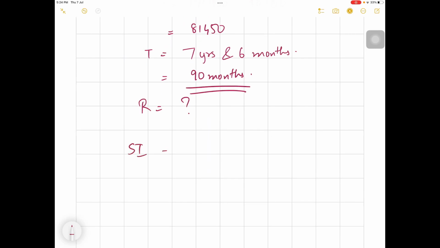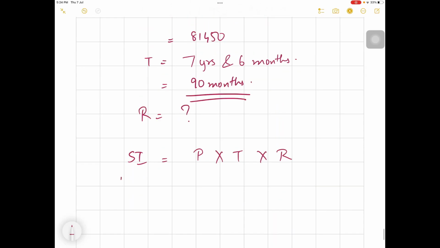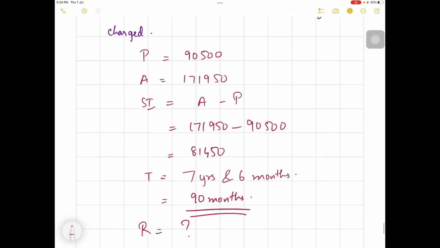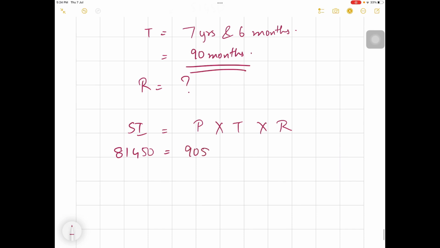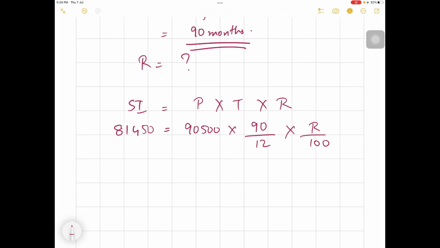So simple interest is equal to P into T into R. Simple interest is 81,450. Principal is 90,500. Time is 90 months, because it is in months, so 90 divided by 12, into R. R we don't know, so R upon 100, whatever is the rate upon 100.